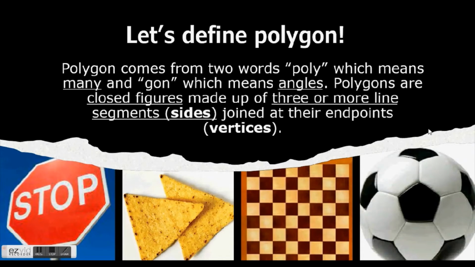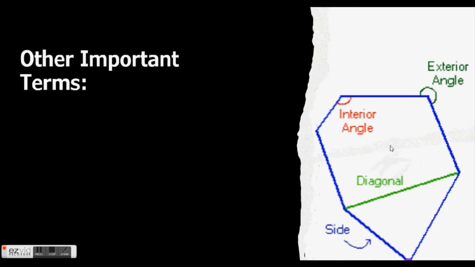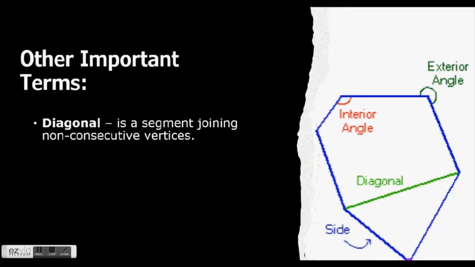So, lahat ng mga makikita natin dito na pictures, these are real-life examples of polygons. Ayan, yung stop sign, the nachos, chessboard, and yung part ng soccer ball, itong five-sided figure na ito, or polygon.